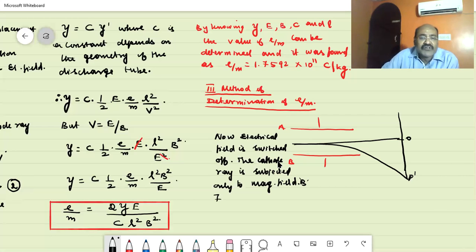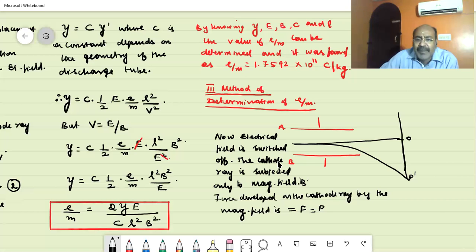So the force developed on the cathode ray particle by the magnetic field, let us write it as F, the general formula is B into e into v into sin theta. v is the velocity. The magnetic field is acting perpendicular to the cathode ray, so theta becomes 90, and sin 90 becomes 1.